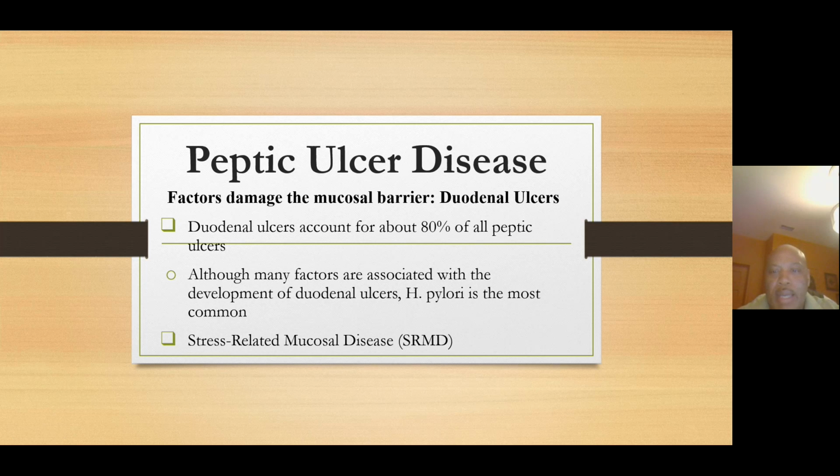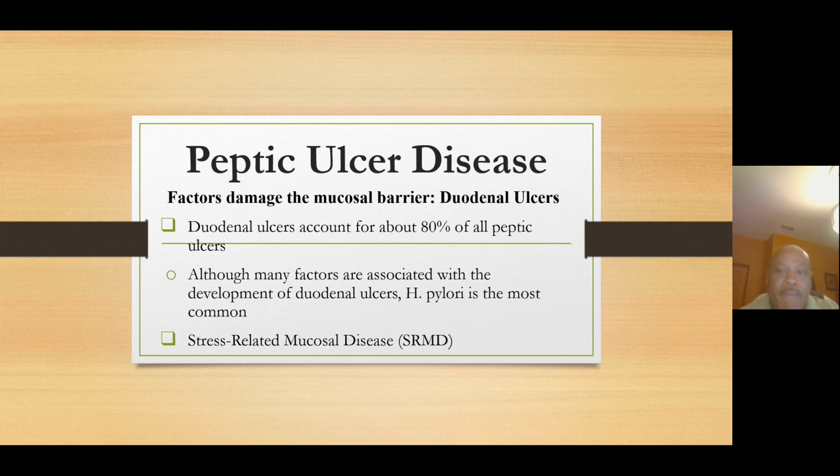As far as factors that damage the mucosal barrier, more specifically the duodenal ulcers, duodenal ulcers account for about 80% of all peptic ulcer disorders.